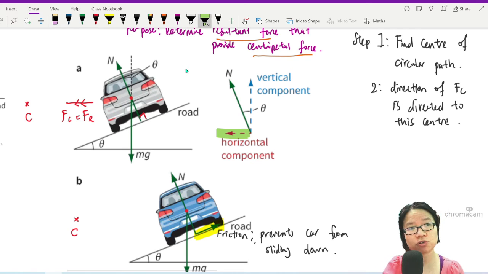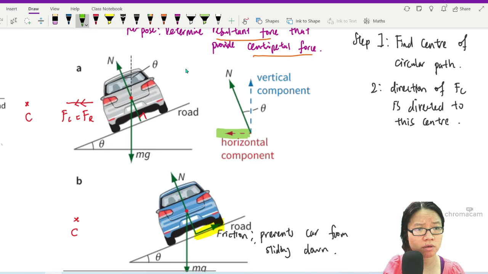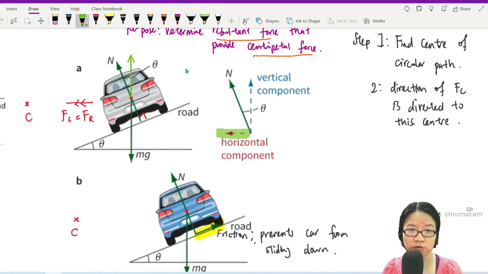So we can naturally resolve this. So one component will be pointing up. I'm going to use maybe a slightly different green. So I will resolve the normal force in this direction because the normal force is pointing up. So this is your vertical component here. And then there's a horizontal component that is pointing in this direction.